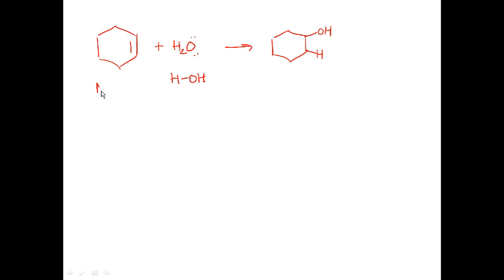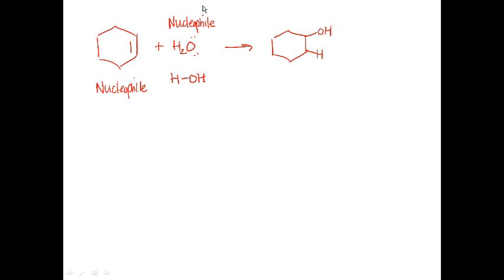Well, we said this is a nucleophile. This is electron rich. And what's water? Water is also a nucleophile. And in the chemistry world, two electron rich species don't donate to each other.